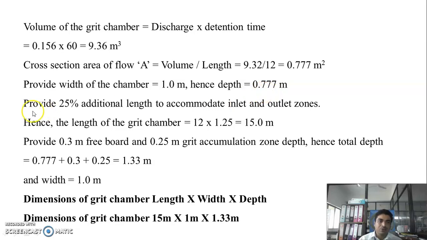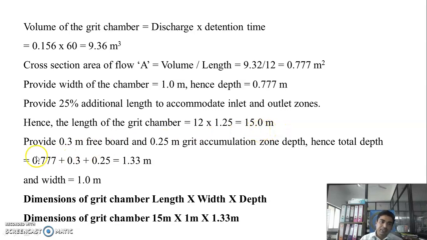We have to provide 25% additional length to accommodate the inlet and outlet zone. Therefore the total length of the grit chamber is 12 into 1.25, which is 15 meter.